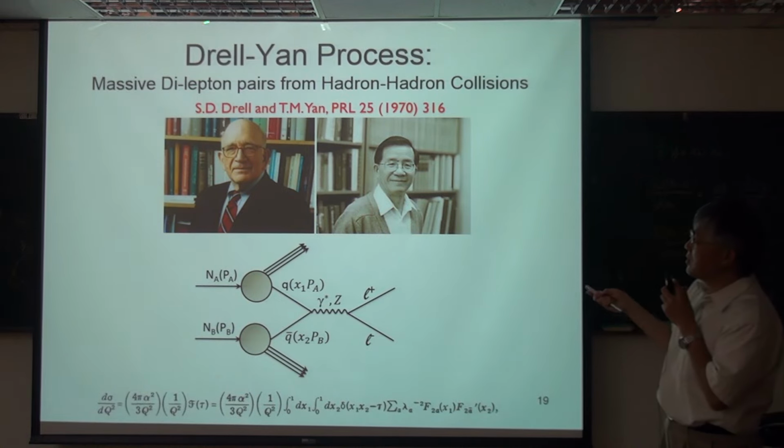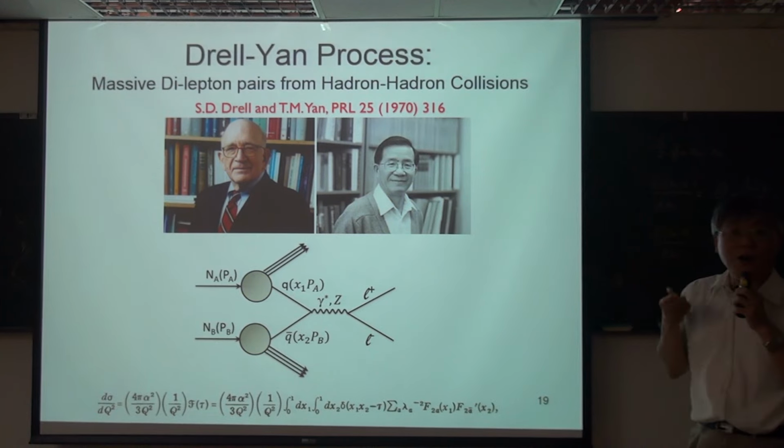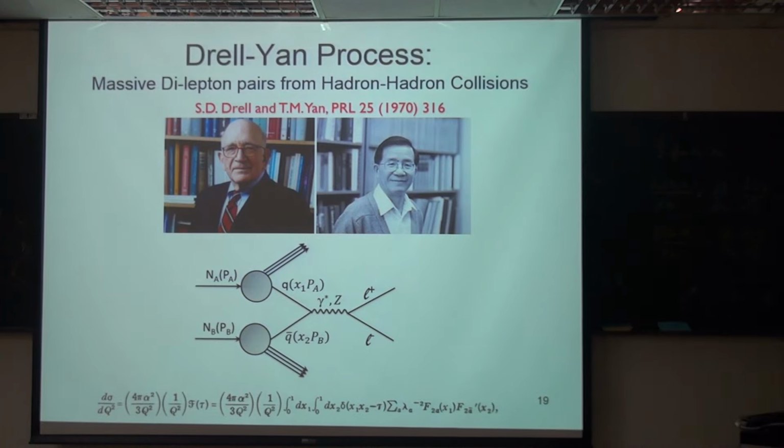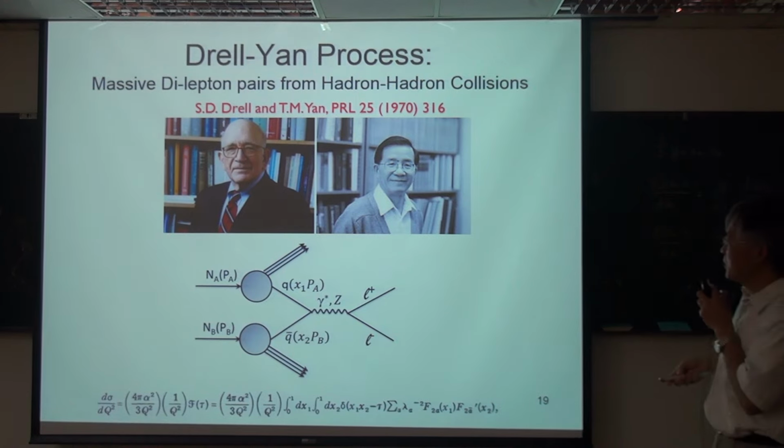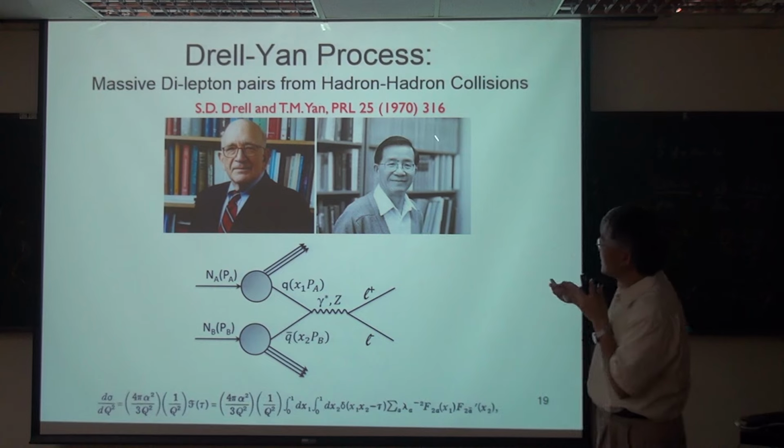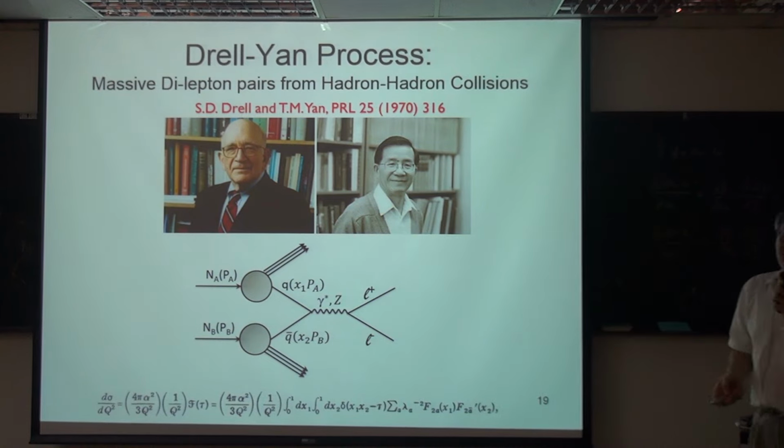It is named after two authors. One is Drell, a well-known guy who wrote a famous textbook for particle physics. And the other is actually Yan Dongma, who is a graduate from NTU.